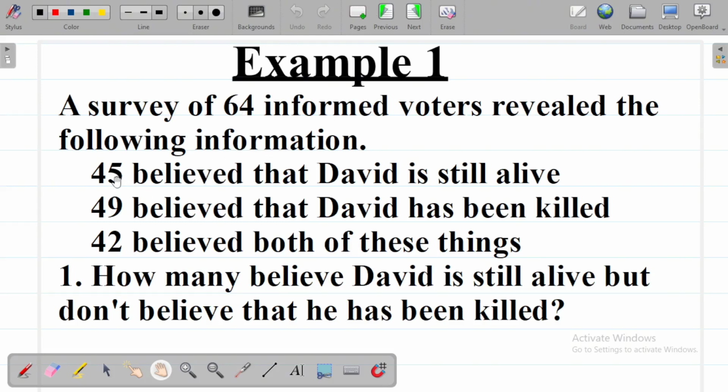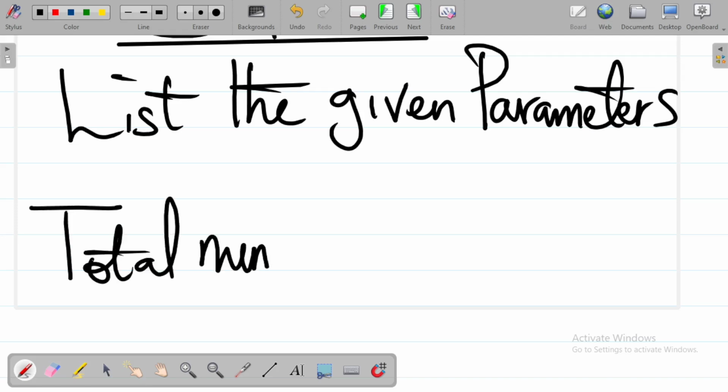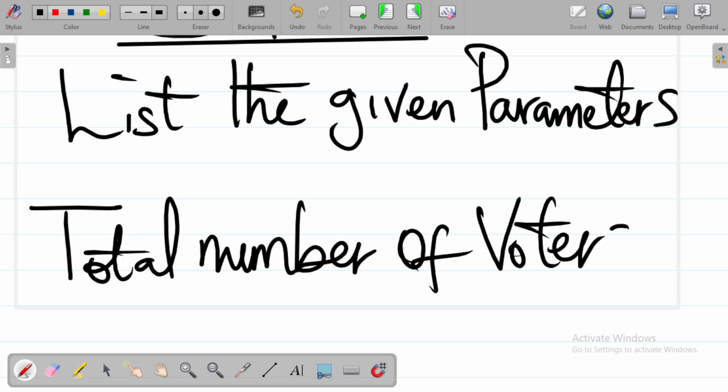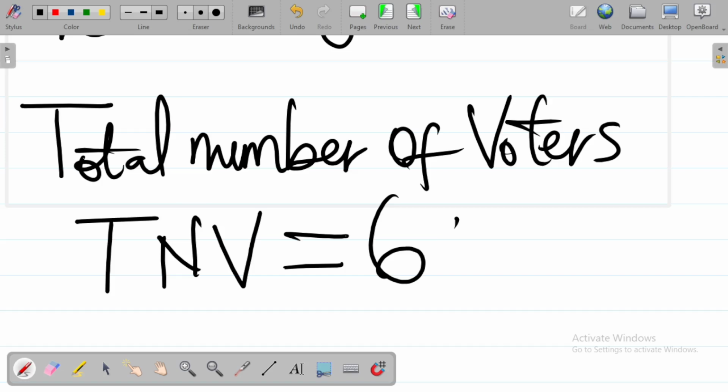It says a survey of 64 informed voters. So the total number of voters, let's call this TNV, is equal to 64.